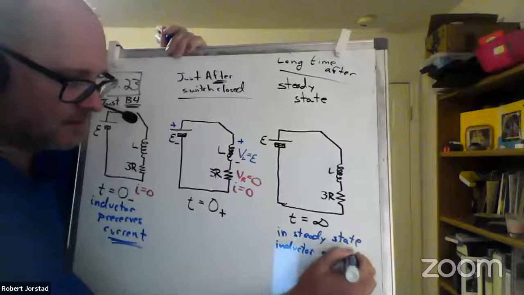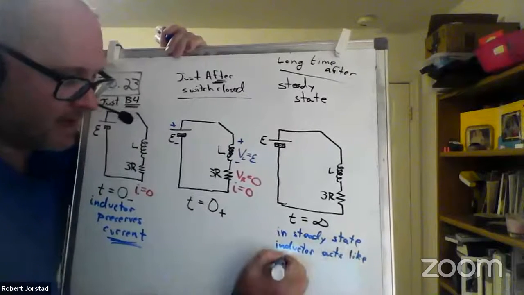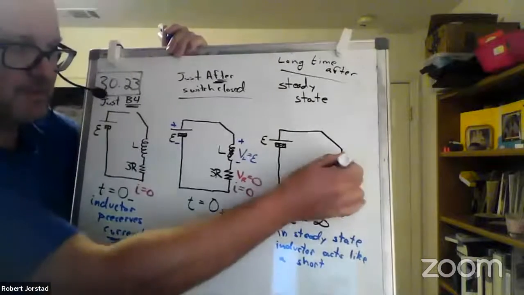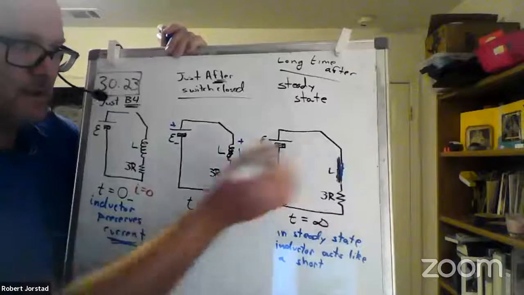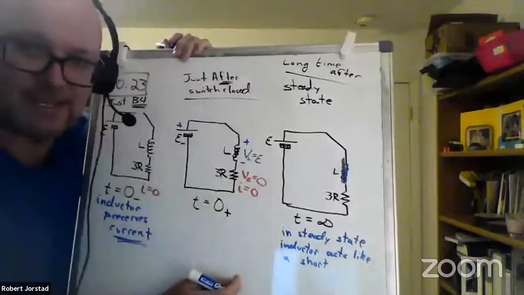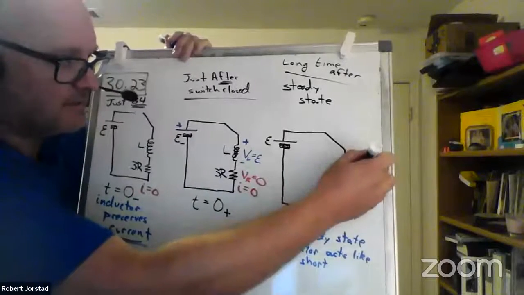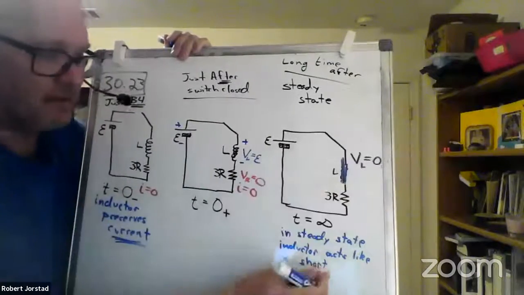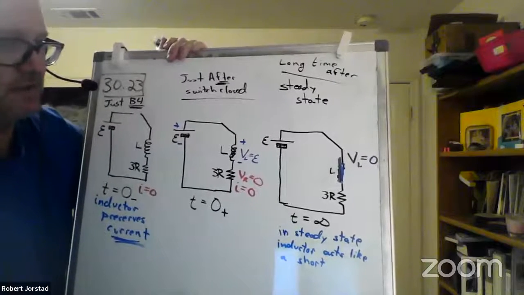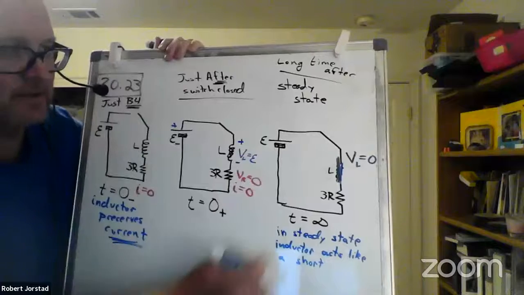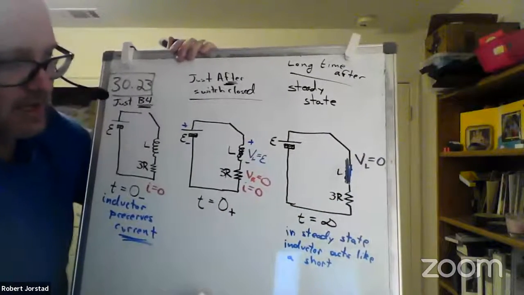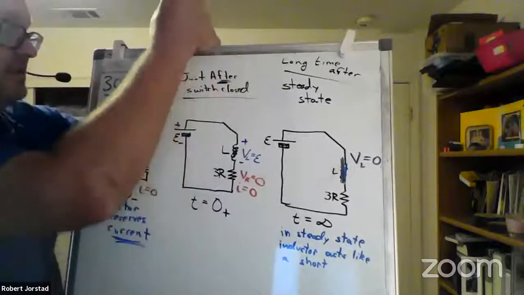It acts like a short, meaning it's a short circuit or a bare wire, which, as Trey just pointed out, there's going to be no voltage across it. That's great. So this is the reasoning that I go through to get to that. And it sounded like Trey was saying that in his own way, which is great. But basically, we know that the voltage across the inductor is 0 because it's a short circuit. So then what does that tell us down here about the resistor?